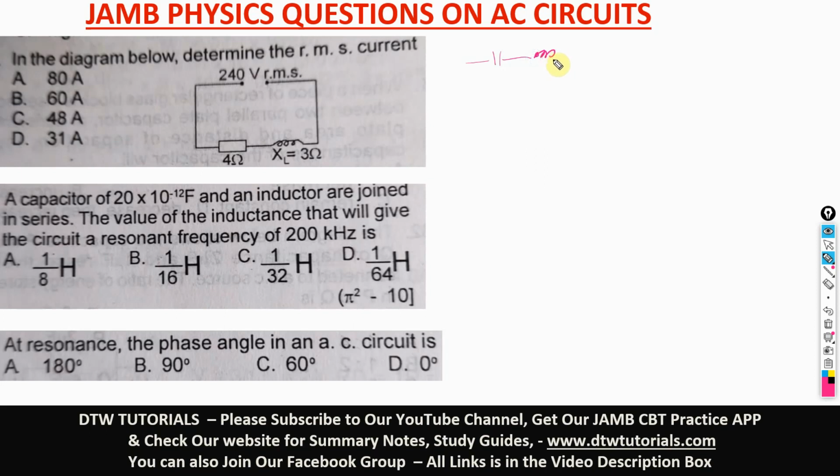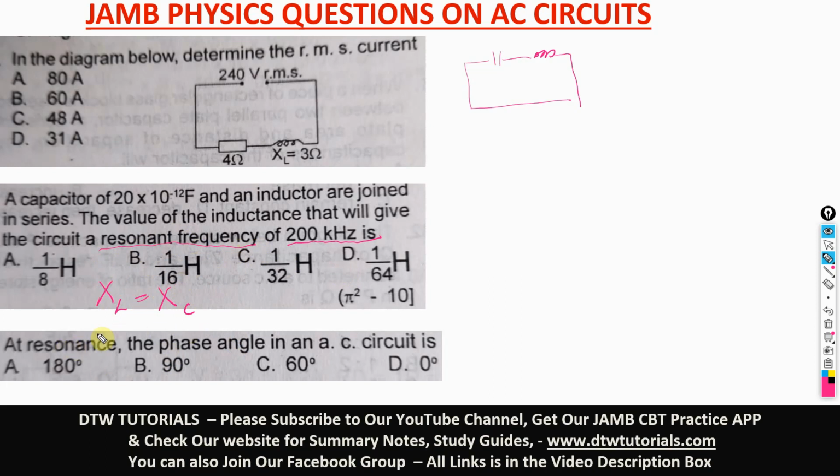The value of the inductance that would give the circuit a resonant frequency of 20 kilohertz is... Now this takes us to a term called resonance frequency. In resonance frequency, the inductive reactance is equal to the capacitive reactance. That's when resonance frequency occurs.